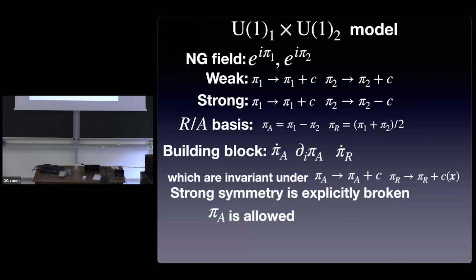If symmetry exists, we should have all degrees of freedom with a derivative. This is similar to the ordinary chiral Lagrangian. The quark mass explicitly breaks the chiral symmetry, then we have the mass term that's proportional to this kind of thing.